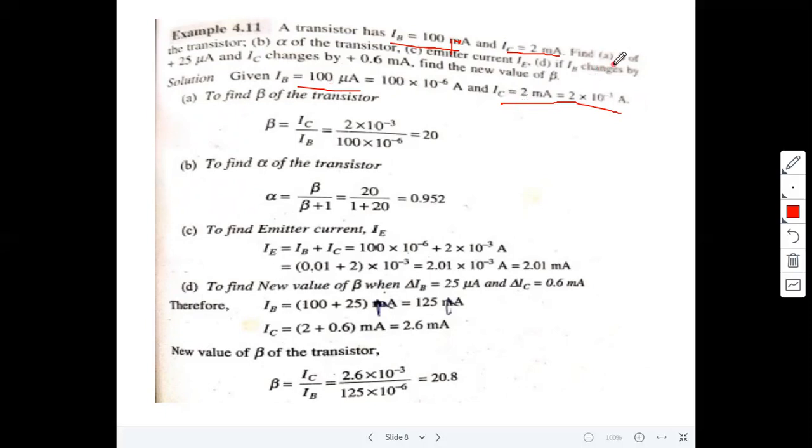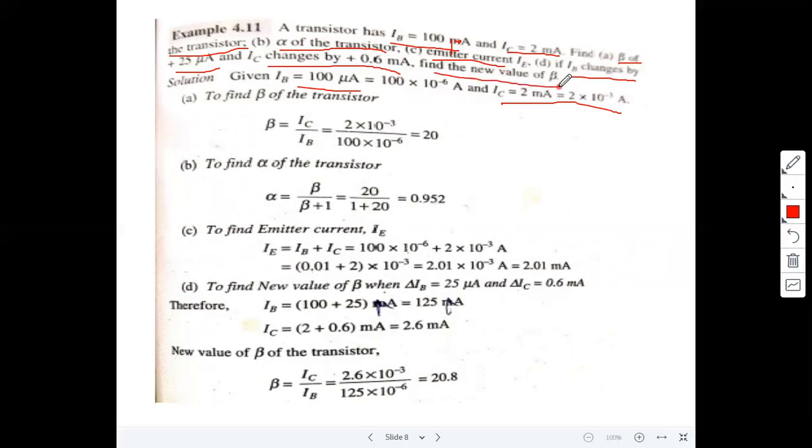Find, what is to be found? First, beta of the transistor, then alpha of the transistor, then emitter current, and last one is if IB changes by plus 25 microamperes and IC changes by 0.6 milliamperes, find the new value of beta.